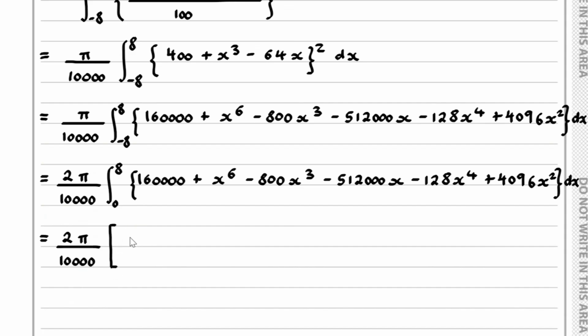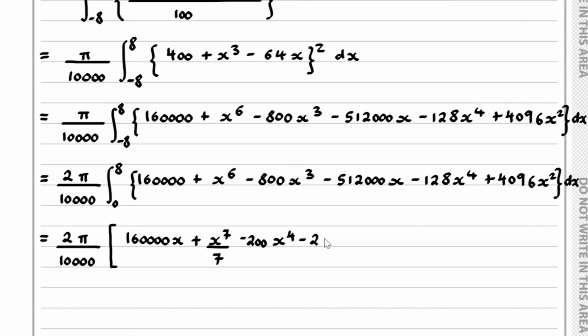if I integrate, I have 160,000 x plus x to the 7 over 7, and then here I have x to the 4 and then divide by the new power, so I have minus 200 x to the 4, and then here add 1 to the power, divide by the new power.